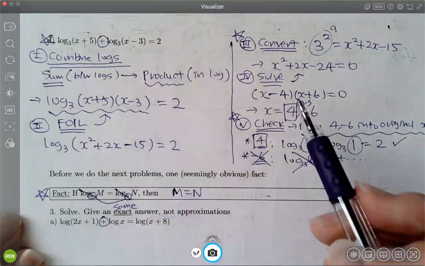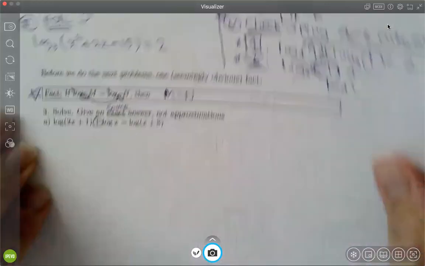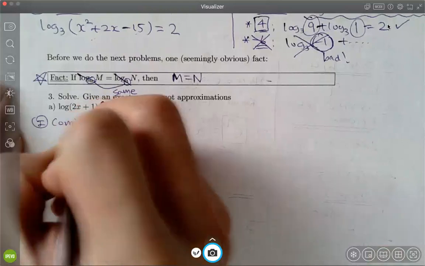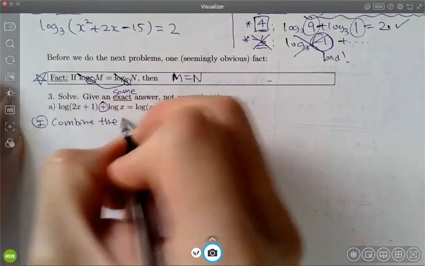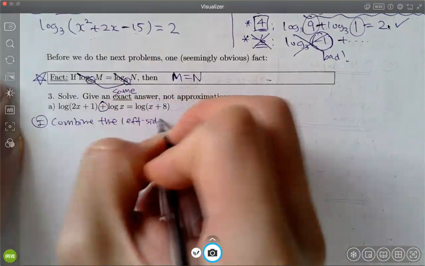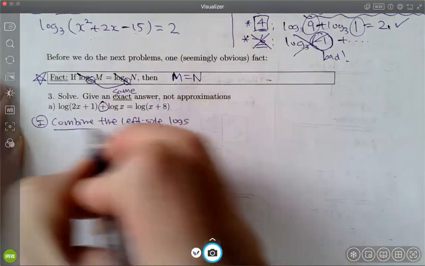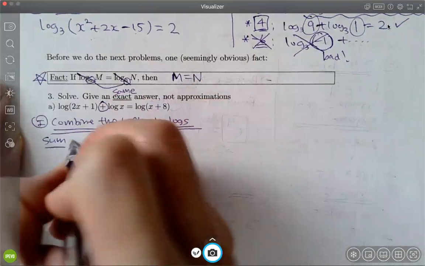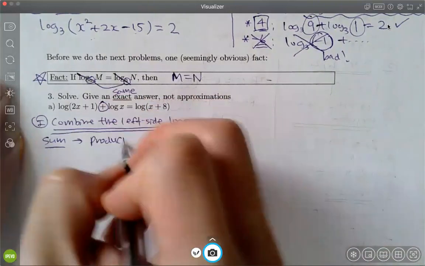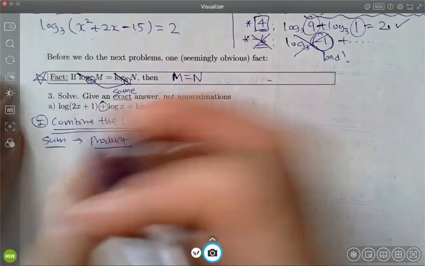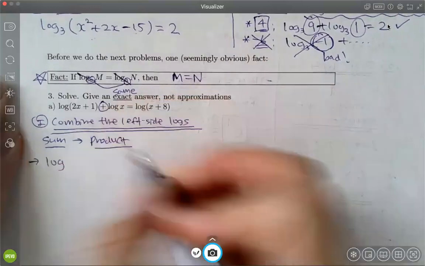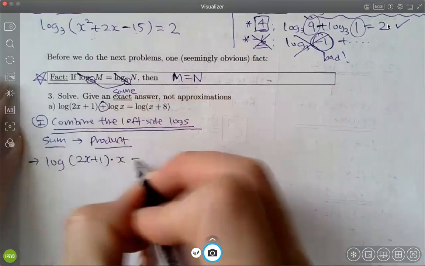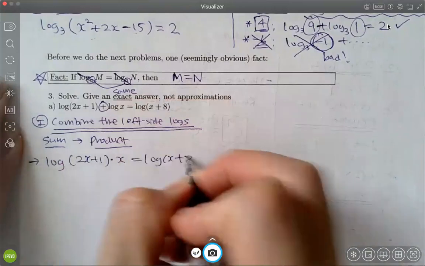Okay, so step number 1, combine the left side logs. Okay, so again, the sum turns into the product. So what does that mean? Log of (2x + 1) times x is equal to log (x + 8), right?